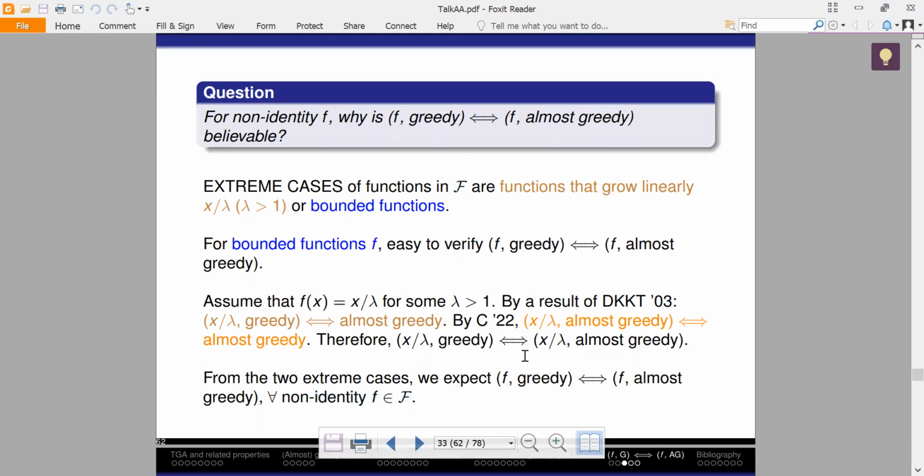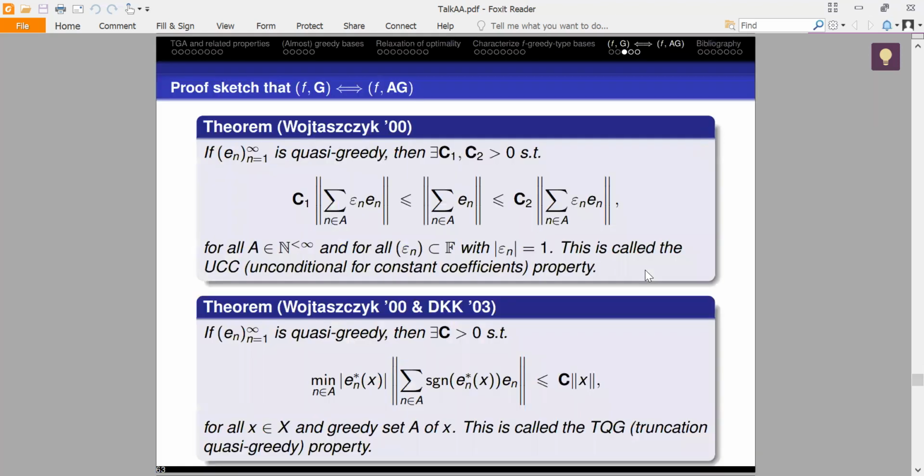Okay, so this just gives us some intuition behind the scenes, but now we can come to a more rigorous proof. I want to mention two very nice results that I have encountered and also used a lot in the topic. The first one is due to Gutasik in 2000.